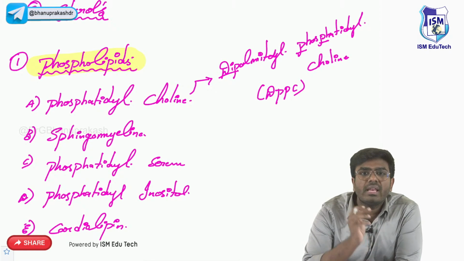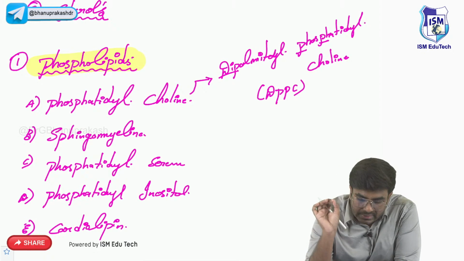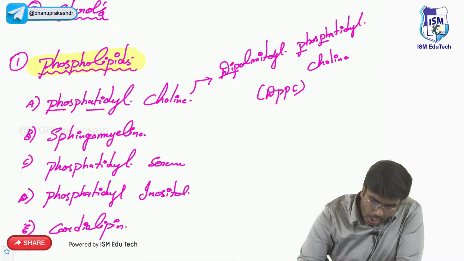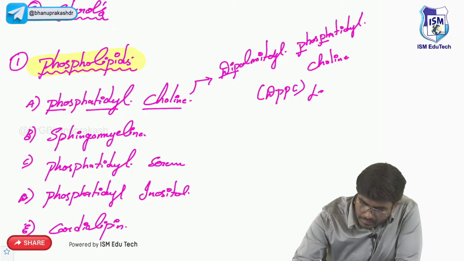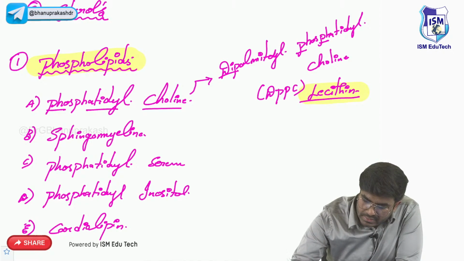So from now on, wherever you see the word DPPC, dipalmitoyl phosphatidylcholine, it is nothing but our phosphatidylcholine, also known as lecithin. So what do we need to know for our exams regarding this lecithin?